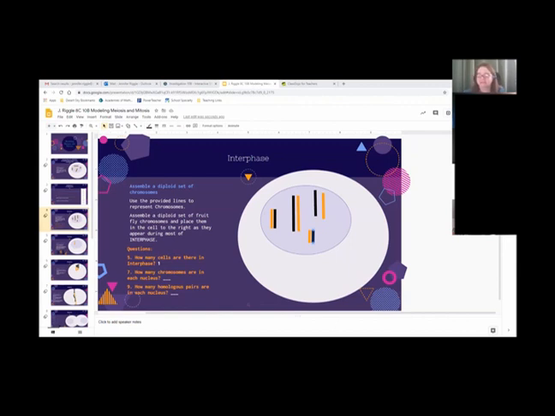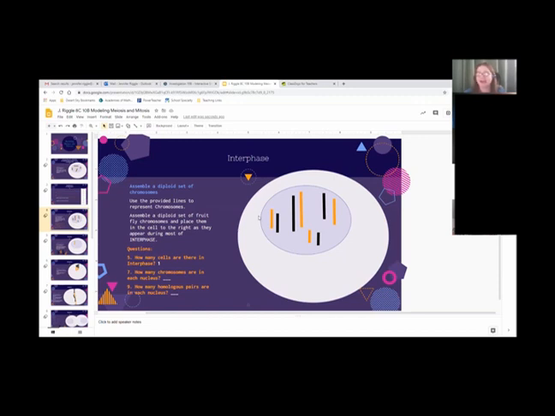Fatima's got it. So we are not asking for homologous pairs. We're asking for chromosomes. So just count the sticks. Let's see. Diana's got it. Kylie, Lizeth, and Martha got it.